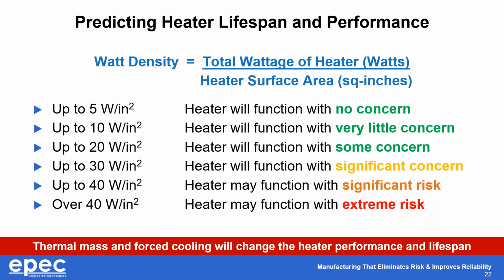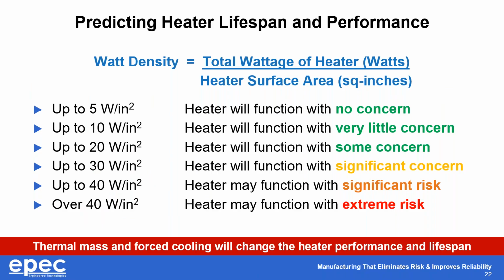Other things to consider, it's not just thermal mass, it's also any forced cooling or airflow over the heater that'll change its performance. A good way to test this is to take two heaters, suspend them in air, have one just be stationary with no airflow, and take the second and put a small fan on that.